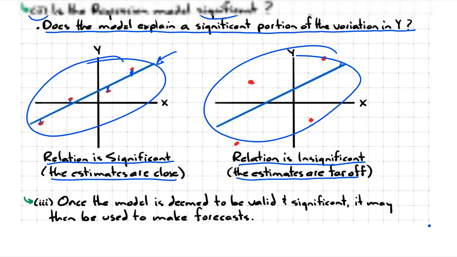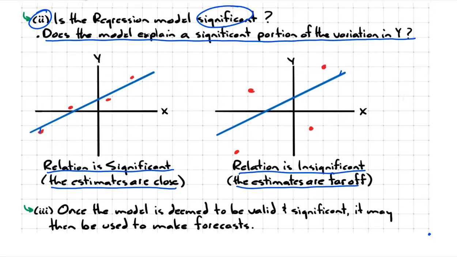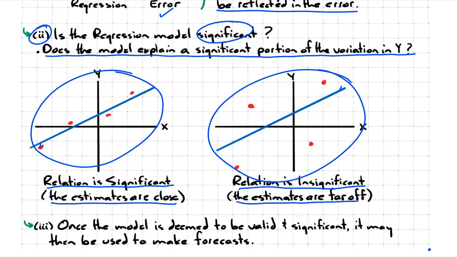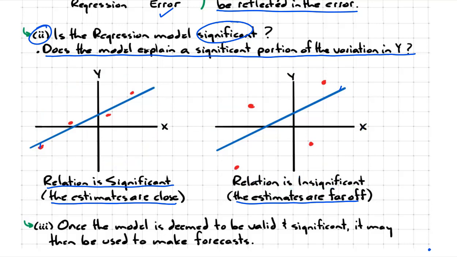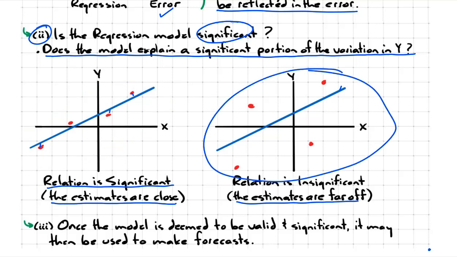And here's the thing, ladies and gentlemen. Just because a model is valid, so in both cases, remember what I said, if you're in stage 2, that indicates that both models are valid. But that doesn't mean you're going to start using it to make forecasts. For example, I will use this first model to make forecasts because it's proven itself to come pretty close. But the second one over here, just because it's valid doesn't mean it's good at forecasting.